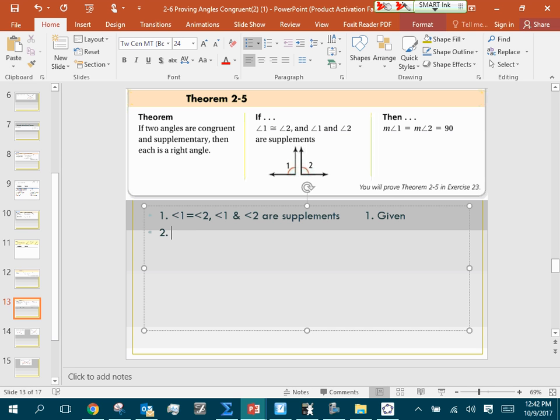All right. Cam, what's it mean for two angles to be supplementary? Okay, so add them up, set them equal to 180. So step 2 is definition of supplementary angles.